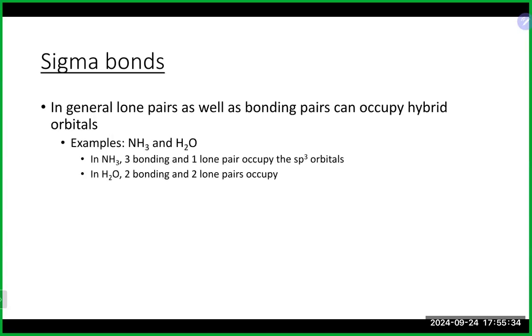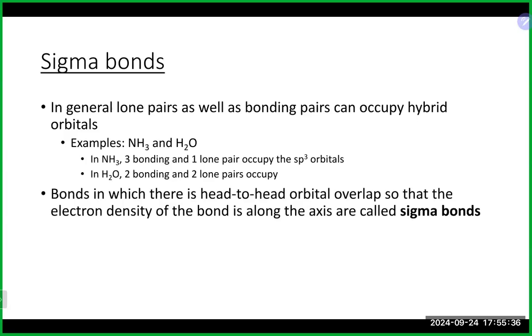Now, when we talk about bonds that form, that is a sigma bond, for example. And a sigma bond is a bond where we get what is referred to as head-to-head overlap. Basically, the orbitals head right at each other and they overlap each other. And in that overlapping area is where our sharing of electrons goes.